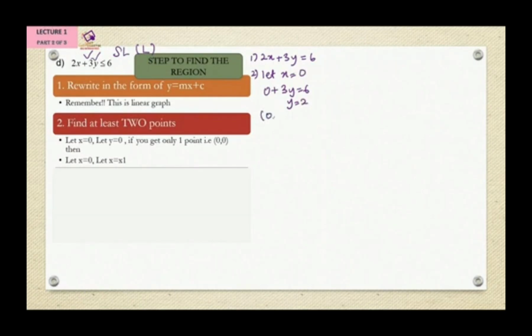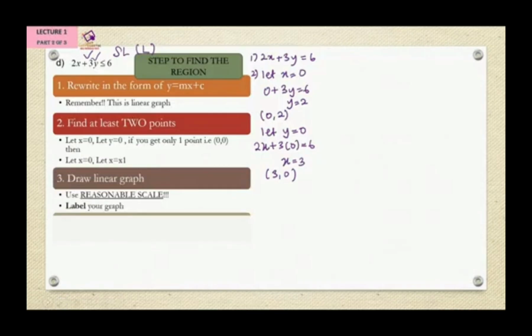Write your coordinate 0, 2. For the second point, we let y equal 0, so your x will be 3. So 3, 0. Okay, student?